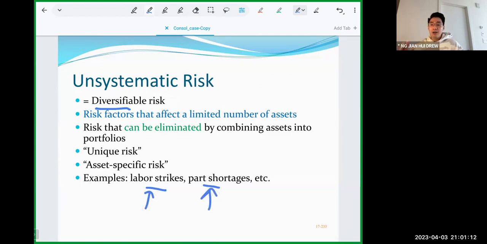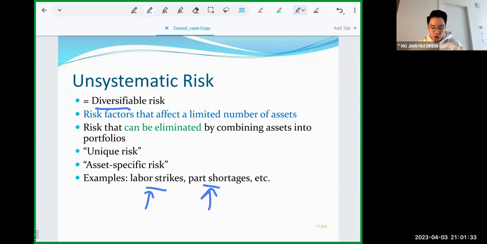So how I like to explain this is so that you can understand and you just don't memorize this, right? For example, in your portfolio, you have a stock on utilities, and you have another stock on oil, and maybe supermarket. So utilities and supermarket, right?